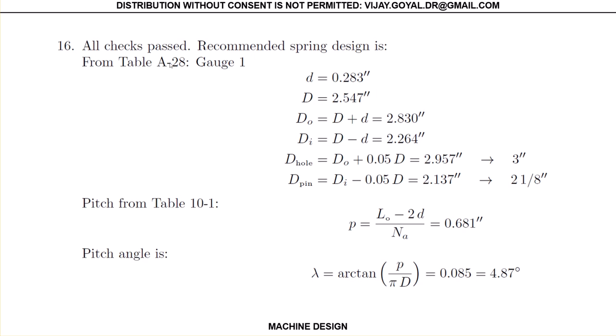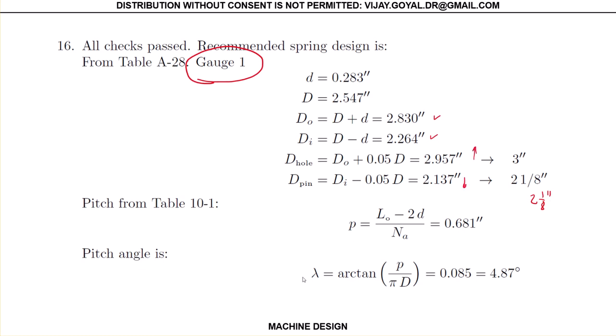The gauge that we used was gauge number 1. And then you just put all the values here, your outer diameter, your inner diameter, your hole, and round it up to the next, this is 2 1/8. This has to be smaller. This goes to the upper end. This goes to the lower end.